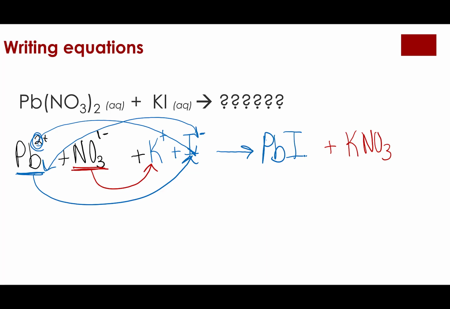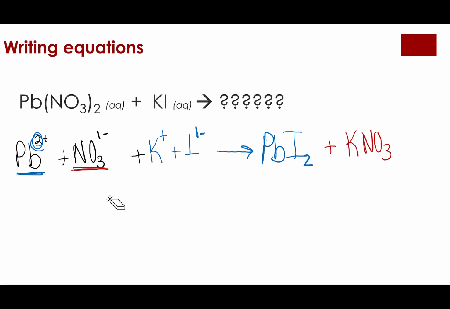So in order to write this as electrically neutral, we need to have 2 iodines to balance out that lead. And if we look at the same thing for the potassium nitrate, well, this one, nitrate is a -1, potassium is a +1, so those are just a 1 and the 1. We wrote that one electrically neutral. Okay? So this business about ionic compounds and writing them as electrically neutral, it's not going away. It's something that's going to stick with us. Okay.